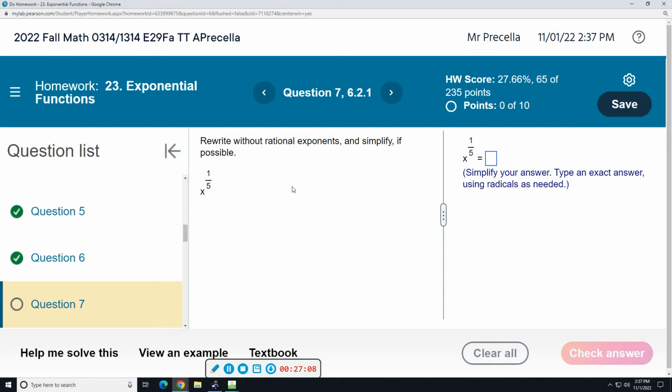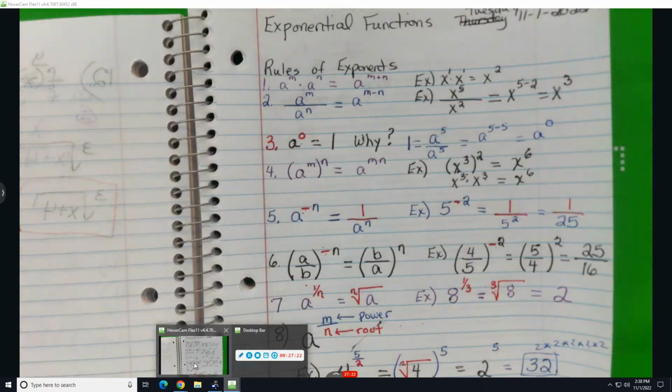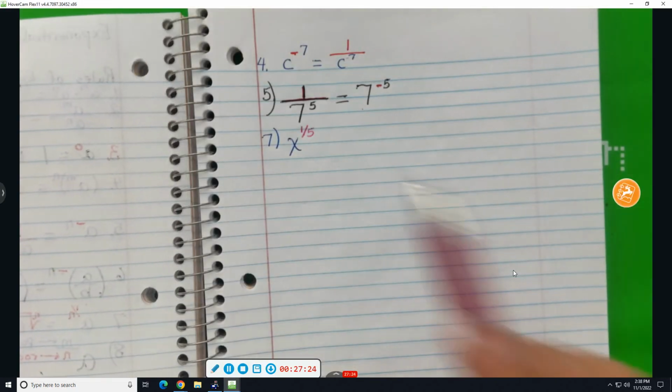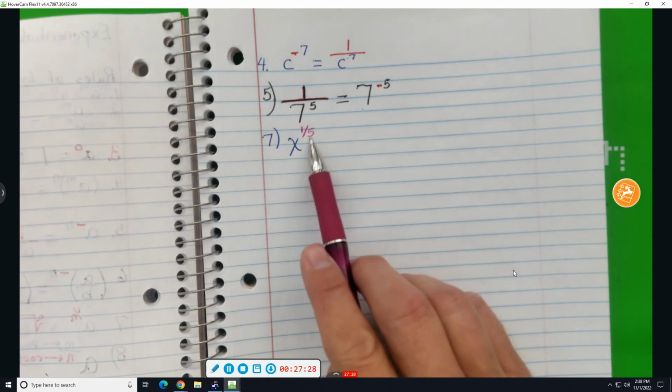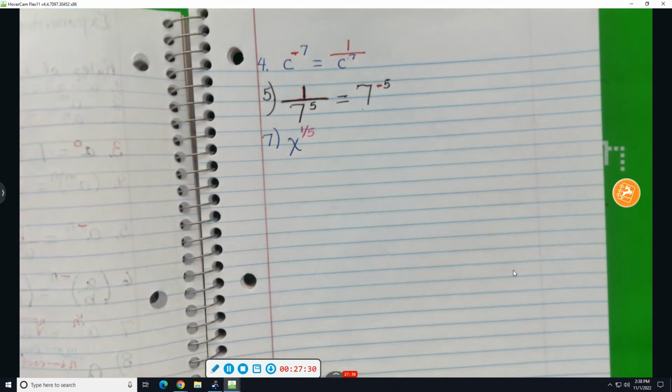Well, in the problems we've been doing, we had negative exponents. Here we have a fractional exponent. We had 2 rules about fractional exponents.